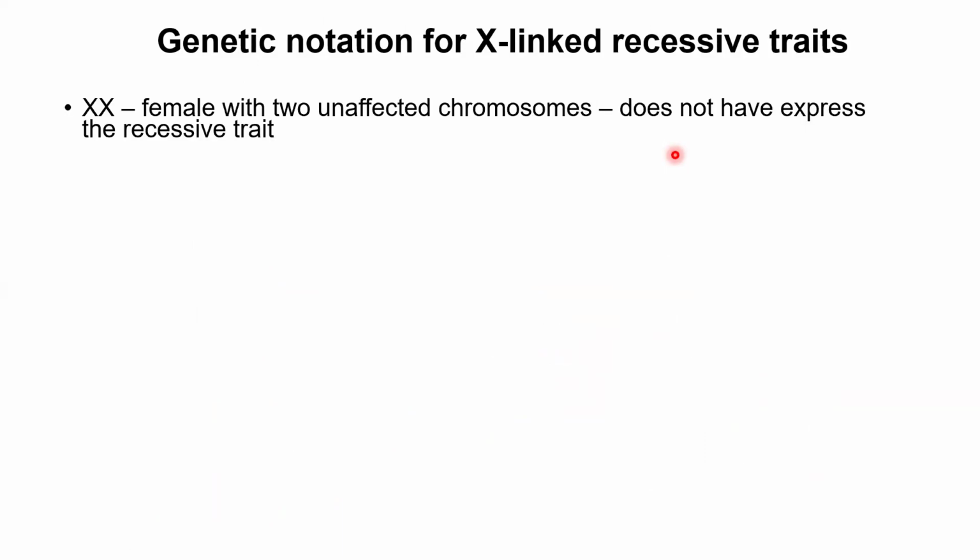Now, there are some genetic notations when we have to consider X-linked recessive traits. The first one is XX, where it's two X chromosomes: females that are unaffected and do not express the recessive trait itself.